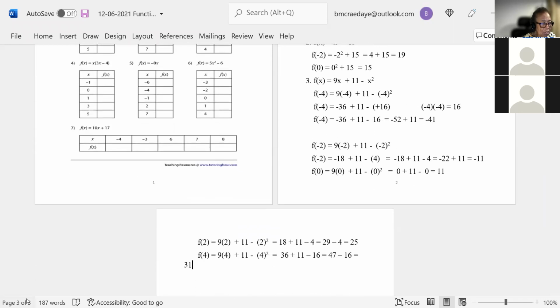This is number 4. I'll bring this down once I put in the value, f of 4. So f of 4 equals x times 3x minus 4.